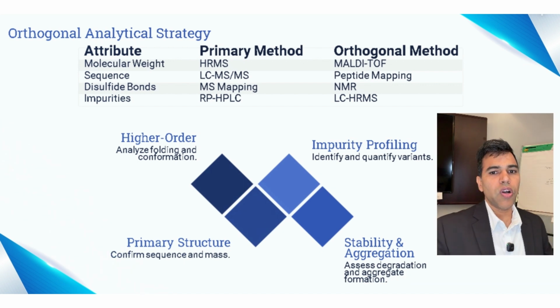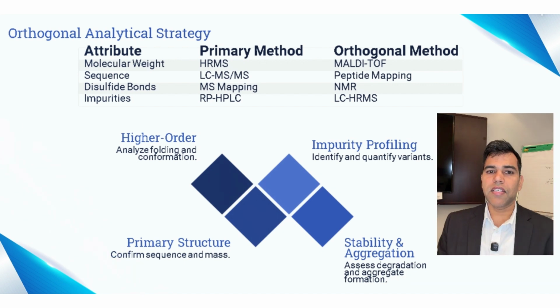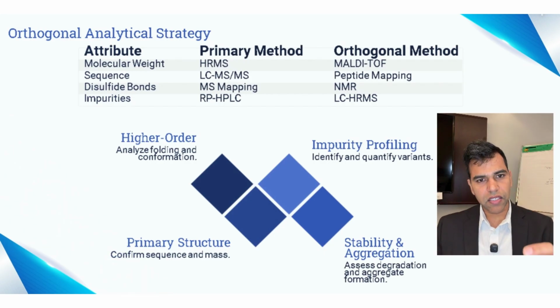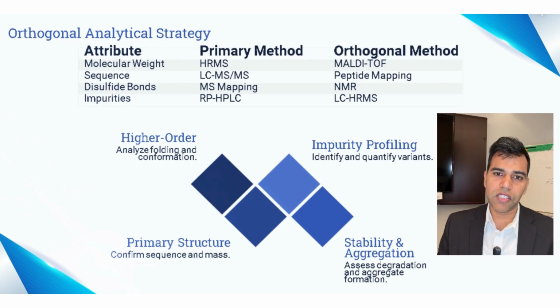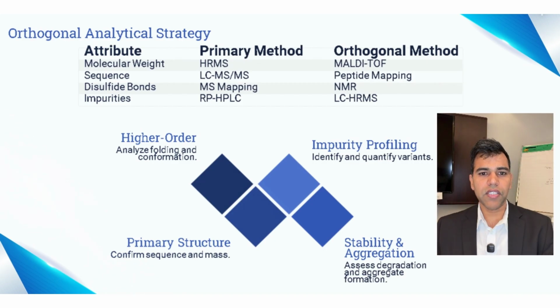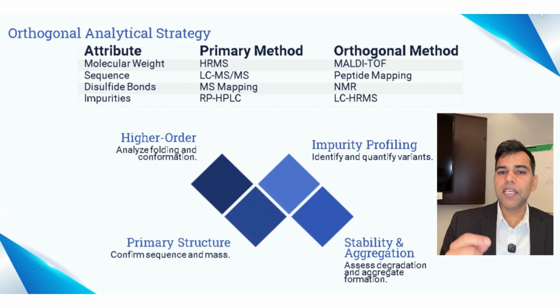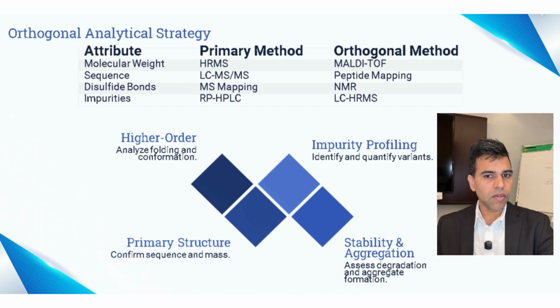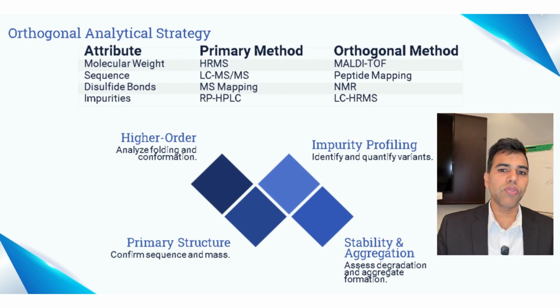This is what we call an orthogonal analytical strategy, and at Resolve Mass, it's baked into every sameness testing program that we run. Because when you show a regulator that two completely independent methods converge to the same answer, you dramatically reduce the chance of a deficiency later.